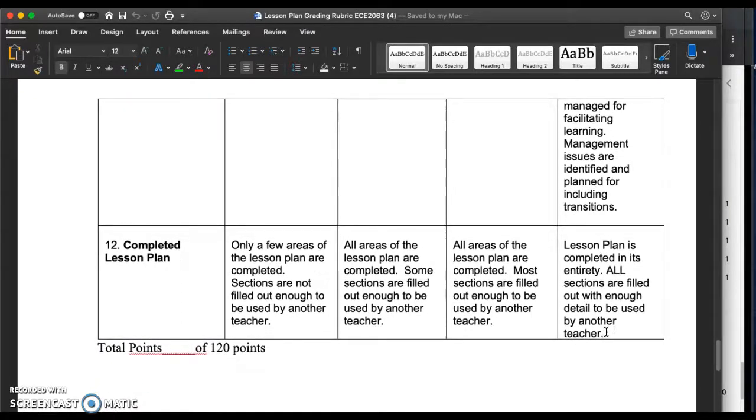Your lesson plan is to be completed entirely. All sections are to be filled out with enough detail to be used by another teacher. So if a substitute would walk in and look at this lesson plan that you're submitting, they would be able to teach it without any difficulty. All the materials are at hand for them.